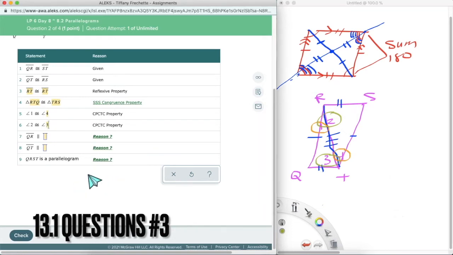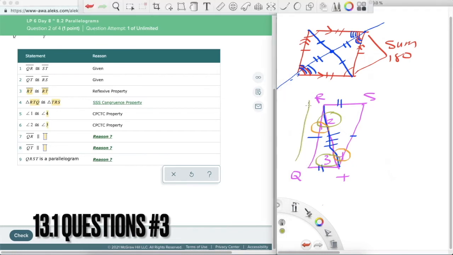All right, so now I have my angles laid out, and QR is parallel to something. So QR, this guy here, is going to be parallel. Well, if I'm just using logic, it's going to have to be parallel to this other side here. But I have transversal to parallel, transversal to parallel.